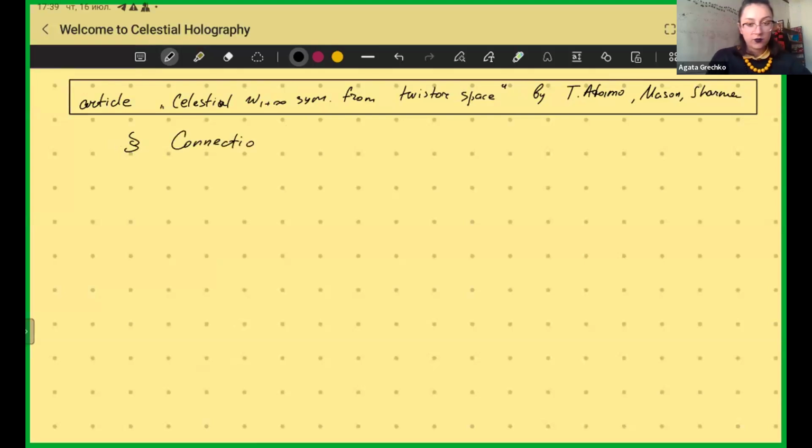What is the year of the paper? Let me just find the arXiv because it's just somewhere here hidden. Is it this? No, this is not it. Just a second, I will give you the arXiv number. Yeah, okay.